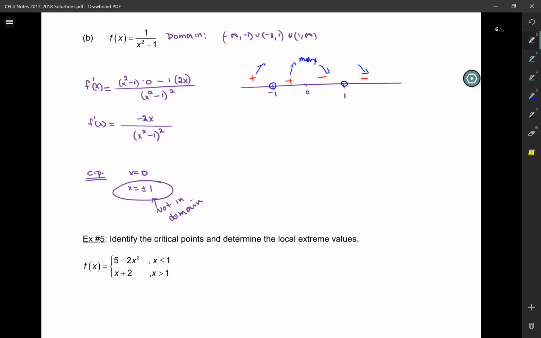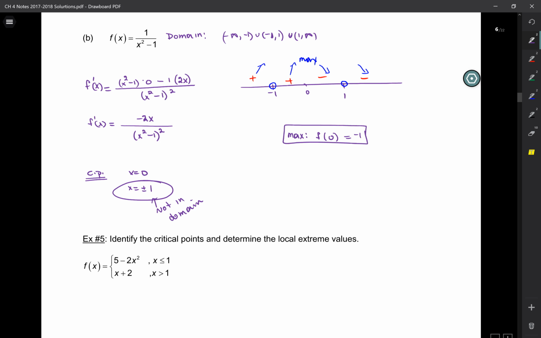Isn't that cool? So then the minimum would be on the right? There is no minimum. Minimum would have been when it was changing from decreasing to increasing, but that never happens. There is never a place where it changes from decreasing to increasing. So the maximum is f of 0, which is what? Negative 1.